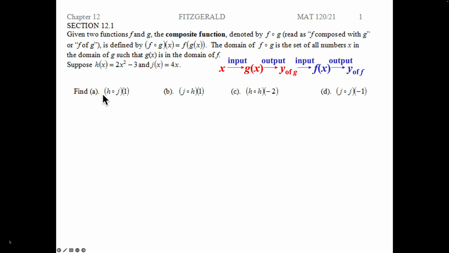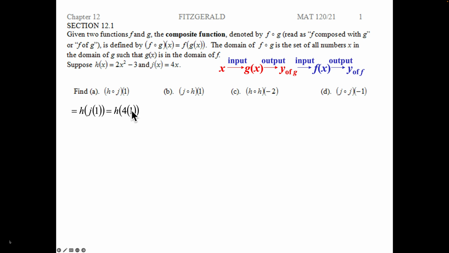So if we look at a numerical example, here we have h of x is 2x squared minus 3, j of x is 4x. Find h of j of 1. So this is better written as h parentheses j parentheses of 1. So 1 goes into the inner function j first. That's 4 times 1. But it stays in the parentheses of the h function.